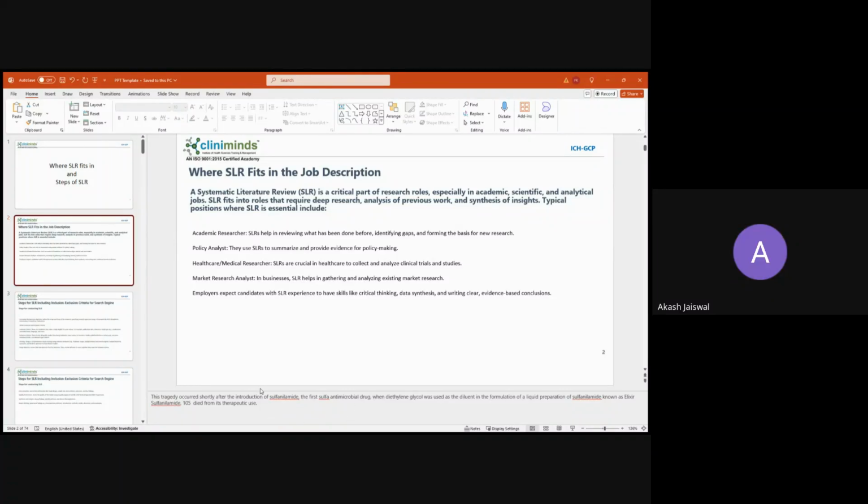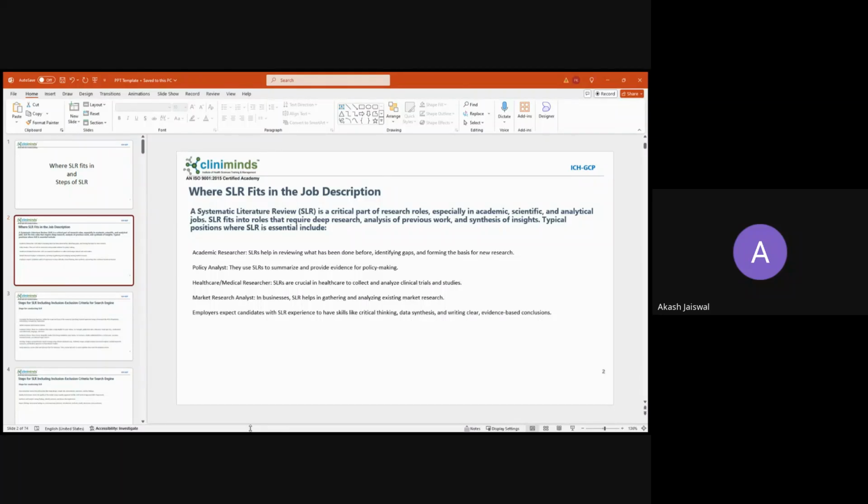Yes, sure. The topic is where SLR fits in the job description. Systematic literature review. SLR is a critical part of research roles, especially in academic, scientific, and analytical jobs. SLR fits into roles that require deep research, analysis of previous work, and synthesis of insights. Typical positions include academic researcher, where SLRs help in reviewing what has been done before, identifying gaps, and forming the basis for new research.